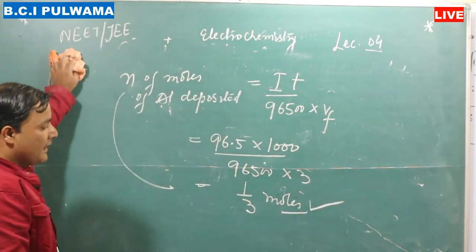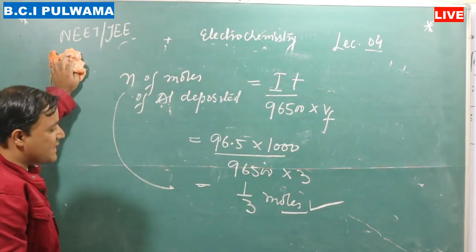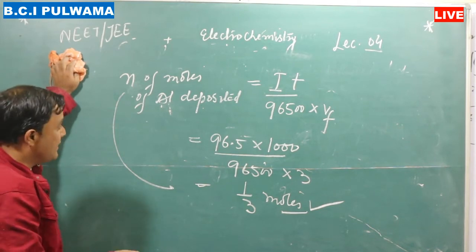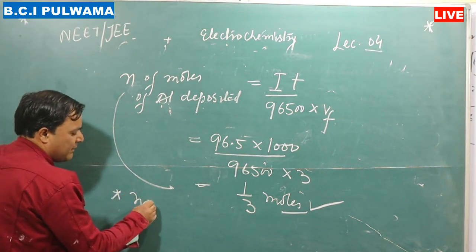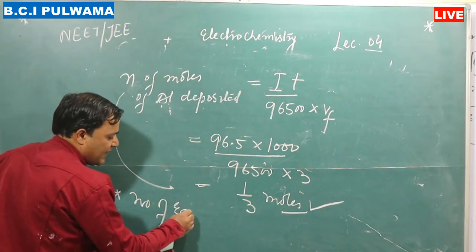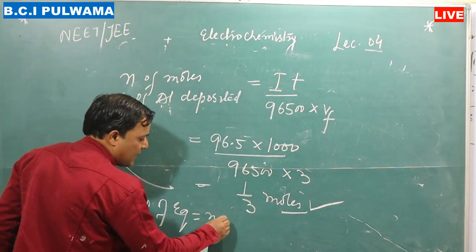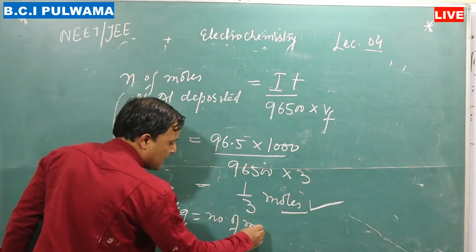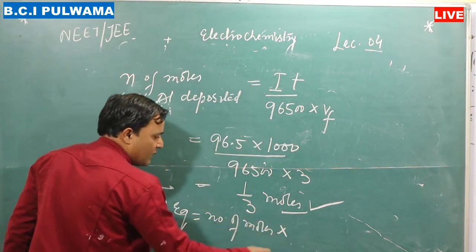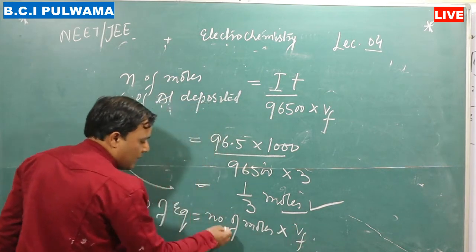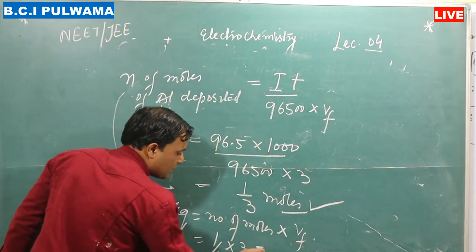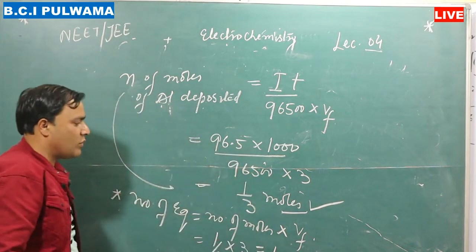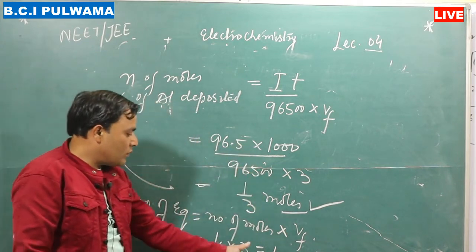So the number of moles of aluminum deposited on the cathode is 1 by 3.